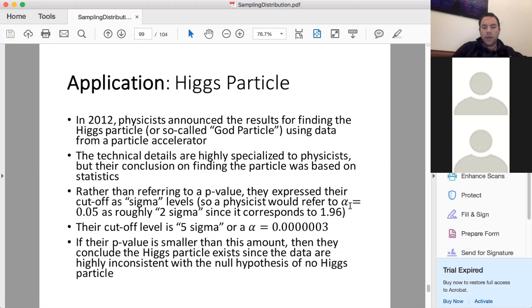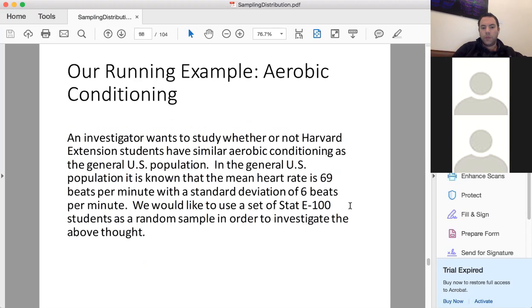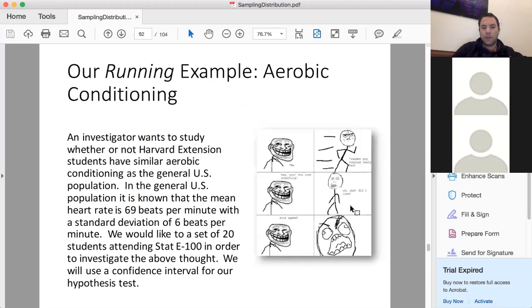So this is how we first described the alpha values.